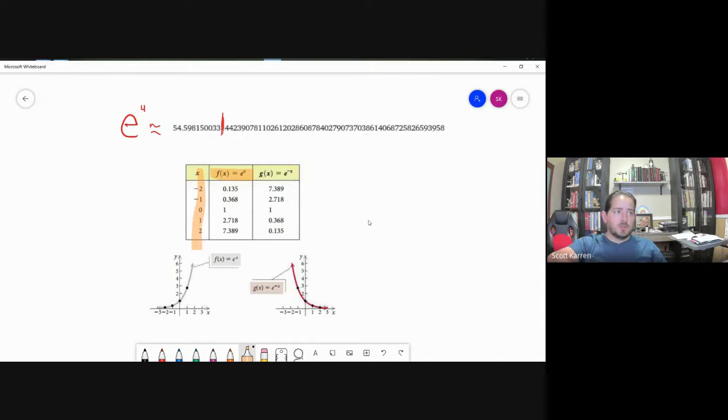They took e to the -2 and got a value, e to the -1 and got a value, and so on, and they've graphed them. You can see that e to the x is exponential growth. And e to the -x is essentially all of these values just swapped, so it ends up being exponential decay, just flipped about the y-axis.